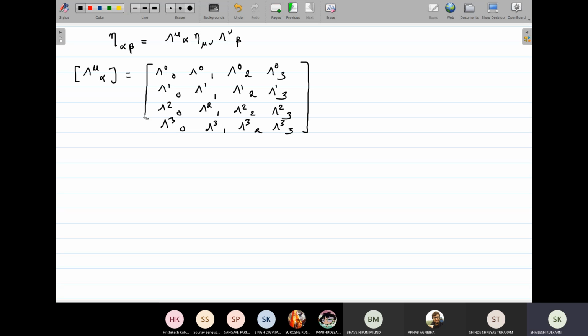So these are the entries of this matrix. This is how the matrix lambda is defined.